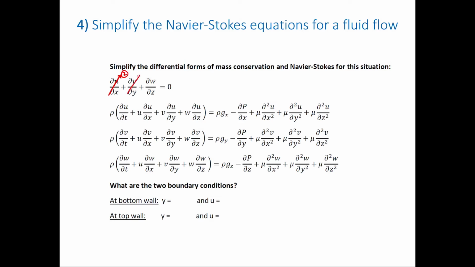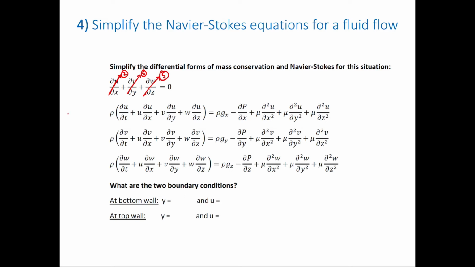We could then also say dv/dy and dw/dz are also 0, but in this case, it's because of assumption 5, right? We said there's no velocity in the y and the z direction, and as a result, there is going to be no change in the y and the z direction if there is no velocity.